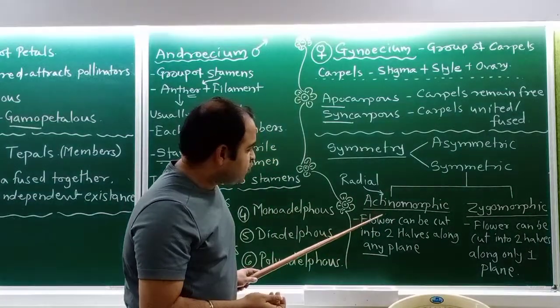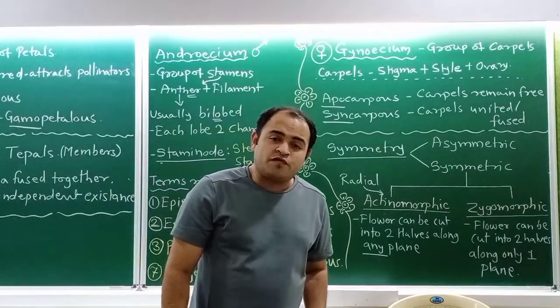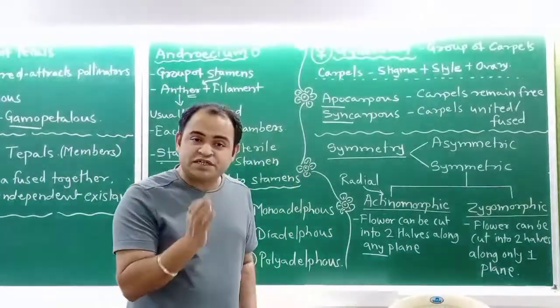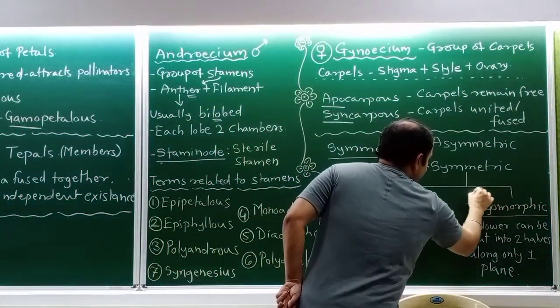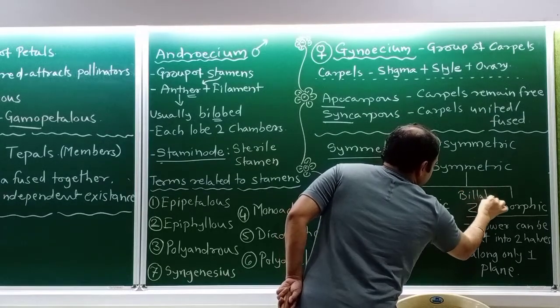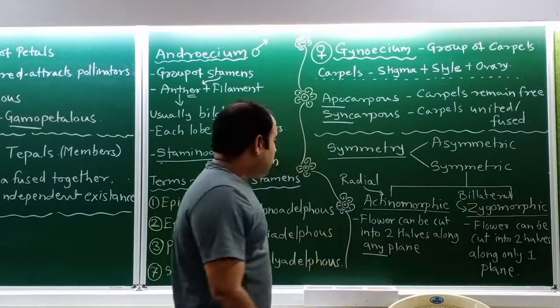It is actinomorphic. Zygomorphic. What do you mean by zygomorphic? Zygomorphic is a typical symmetry. You can call it bilateral. I can write it here. Bilateral symmetry.